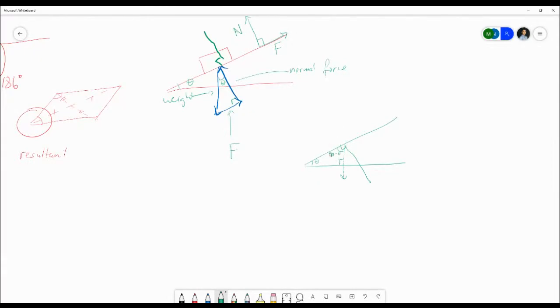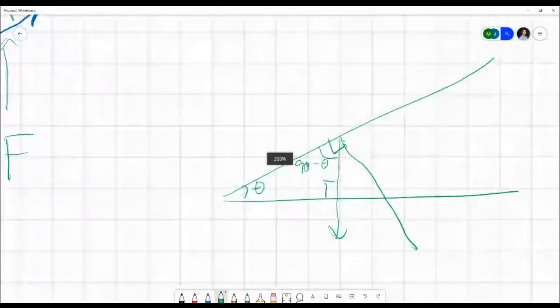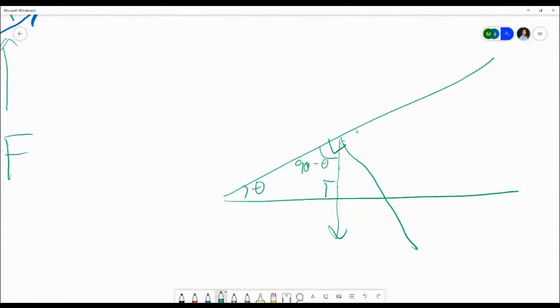Agree? Agree. But you also have 90 degrees right here. So if this is 90 minus theta, it means that this part right here has to be theta because you also have 90 degrees right here.